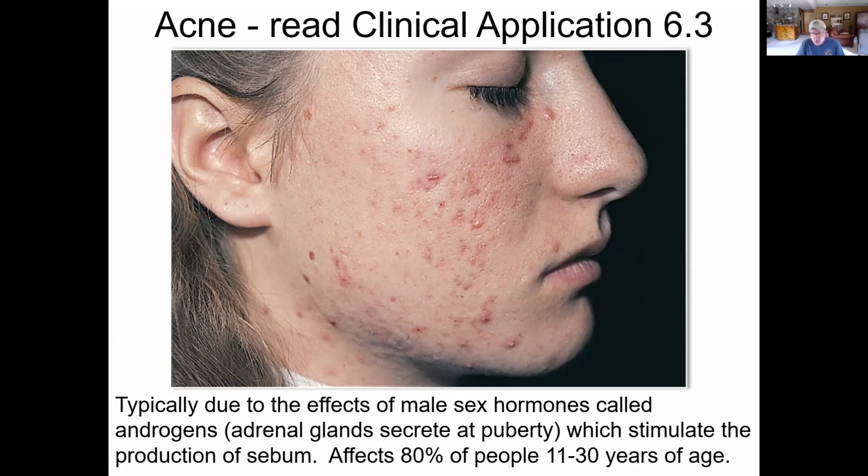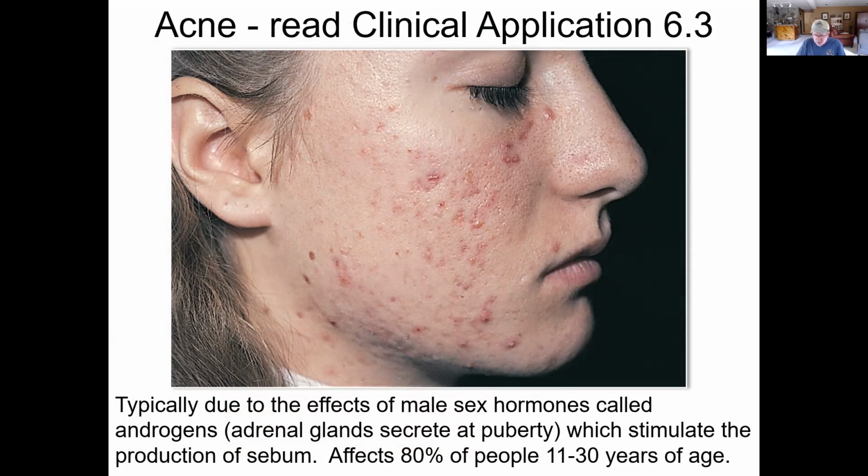Acne is due to overproduction of sebum by the sebaceous glands and is often triggered by puberty, because at puberty we have a sudden rise, usually in a group of male sex hormones called the androgens. Now, testosterone is an androgen, and girls produce small amounts of androgens.